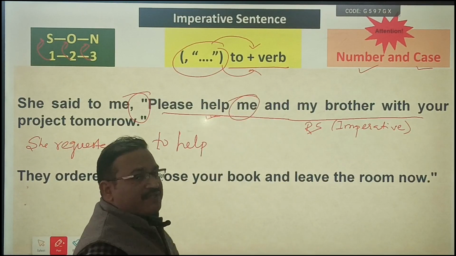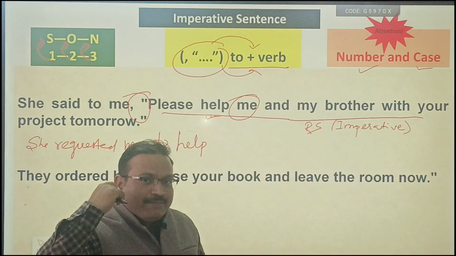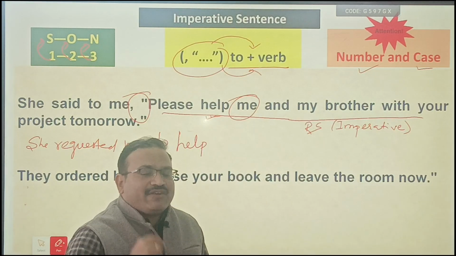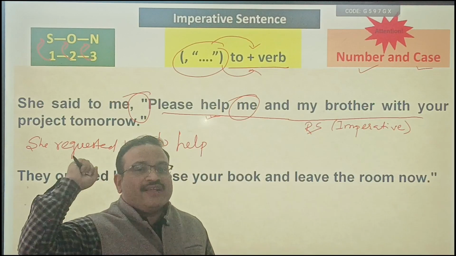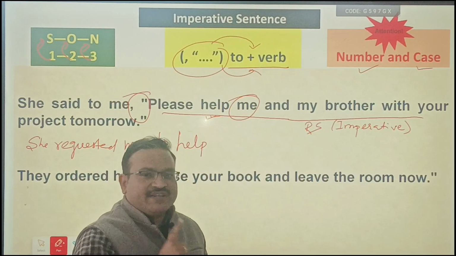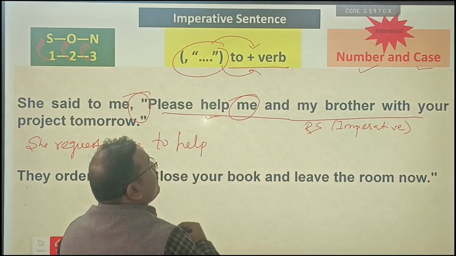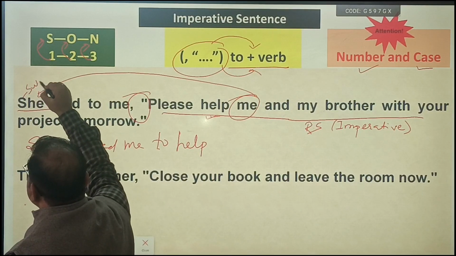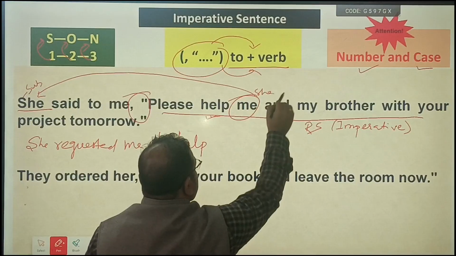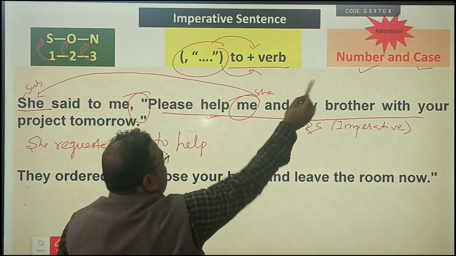Now, this is person, pronoun. And I have repeatedly told you that wherever you find persons oblique pronouns, apply SON formula and change them. So, me is what? First person. First person will be changed by subject. This is subject, she. Now check the number.